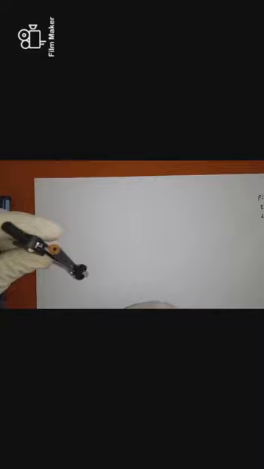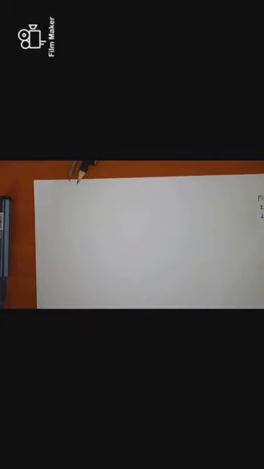So this 1, 2, 3, 4, 5, 6, 7, 8, 9, 10, and lastly 11. Once you have done that, we join the last point on that line to the last mark. So point Y to the last mark.